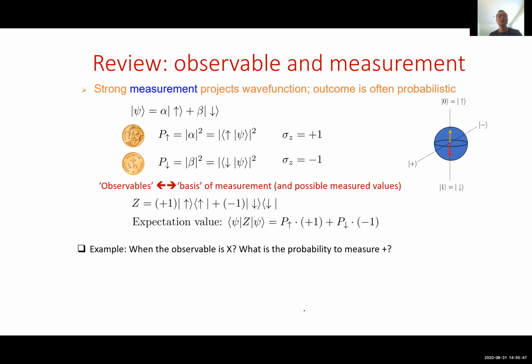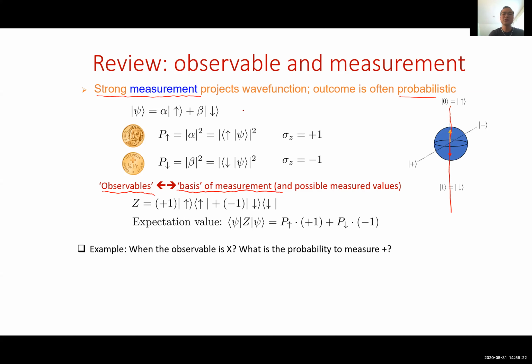Okay, so another review topic is observable and measurement. I talked about last time, measurement, we usually refer to as strong measurement. It projects the wave function and the outcome is probabilistic, but you also need to define how you want to measure, or the observable that you are measuring. And that is equivalent to prescribing a basis. So in this particular example, the measurement is along this axis.